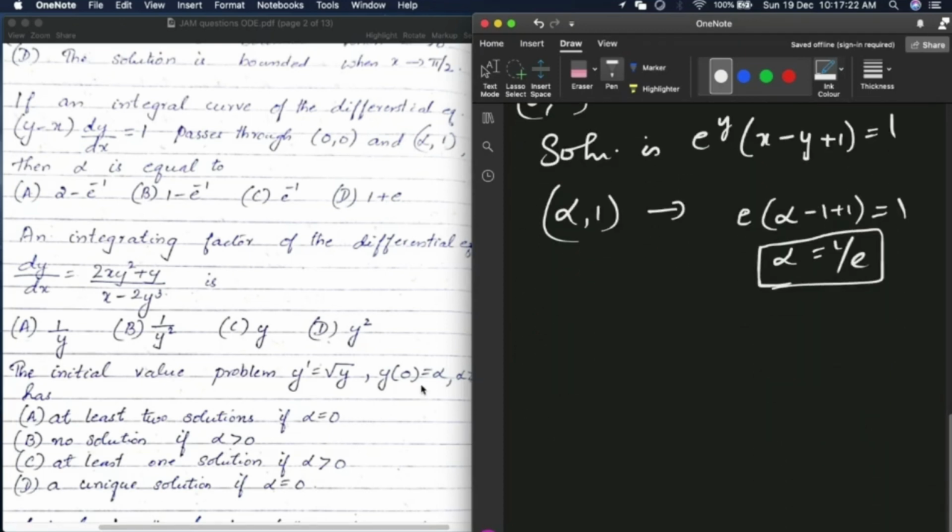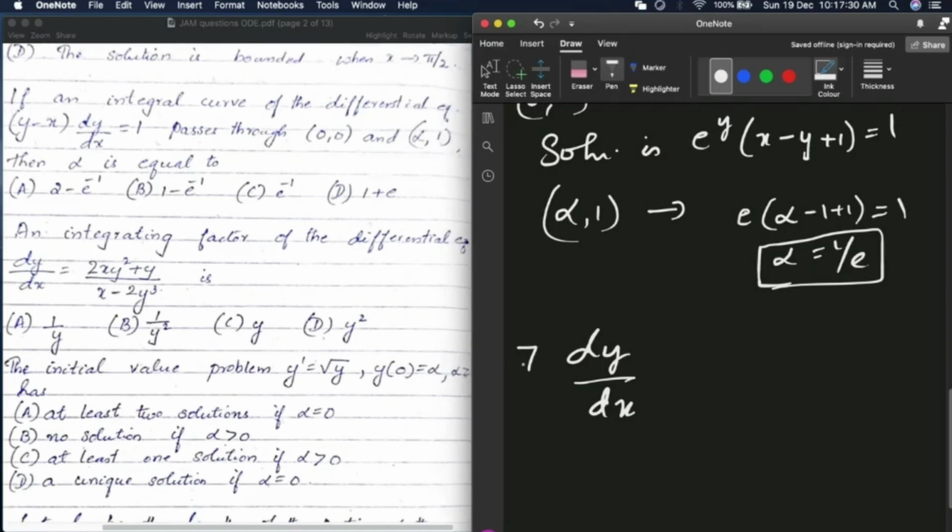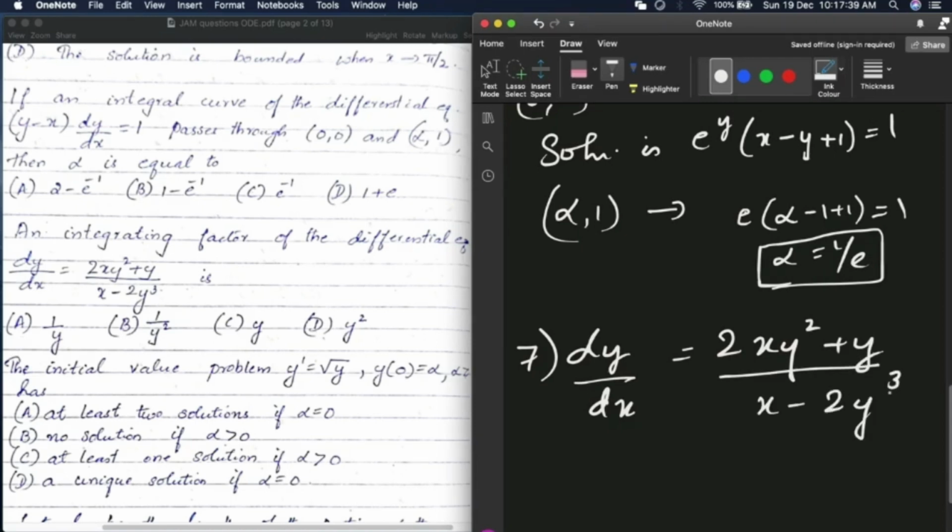So next is to find the integrating factor. That's a direct question actually. dy by dx is equal to 2xy square plus y, divided by x minus 2y cube. You can use any technique.